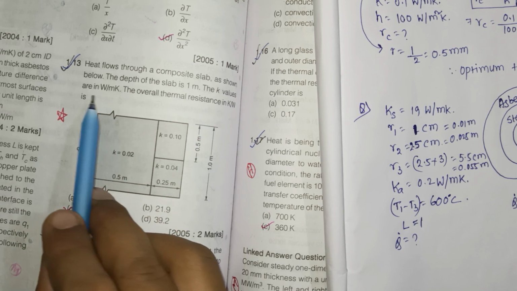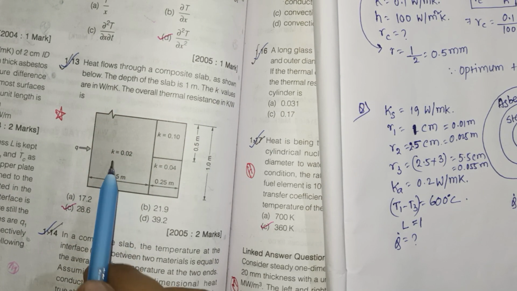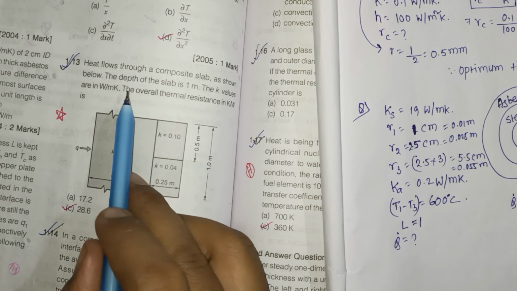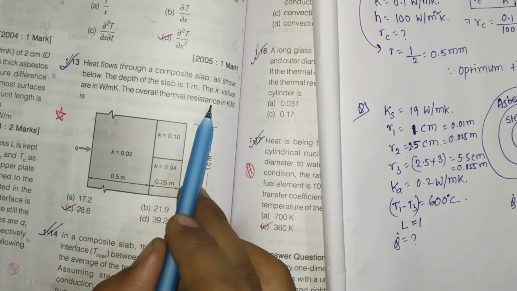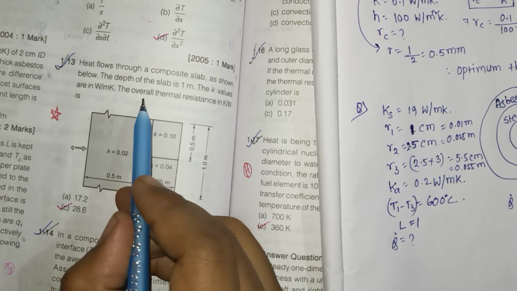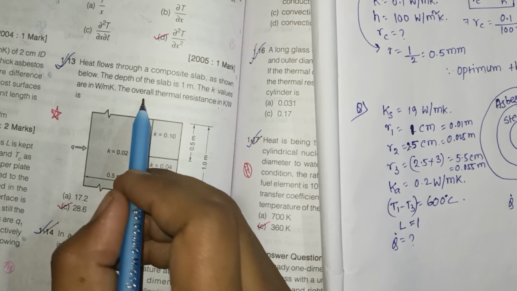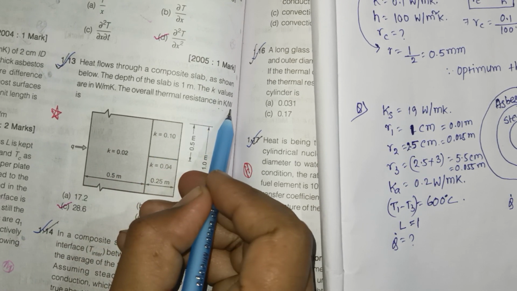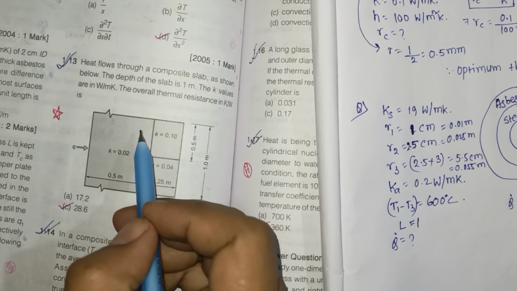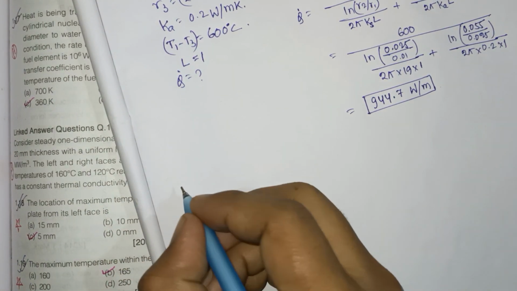The K values are in watt per meter Kelvin, so K value is given. The overall thermal resistance in Kelvin per watt is... you have to find out what is the overall thermal resistance in Kelvin per watt. Okay, so what is given in this question?